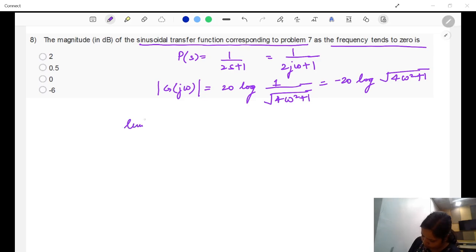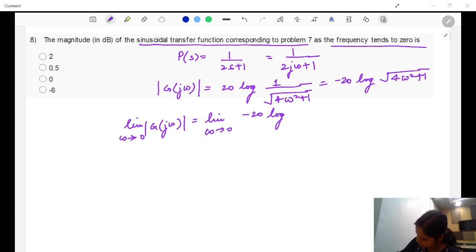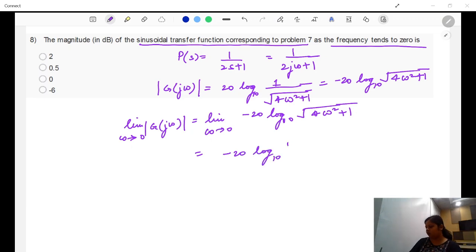So we want to find the limit as omega tends to 0 of the magnitude of G of j omega. We can write limit omega tends to 0 minus 20 log 10, sorry, 10 is missing here, log 10 under root 4 omega square plus 1. What will we get? Minus 20 log 10 1, which is 0. So as frequency tends to 0, your magnitude is 0.